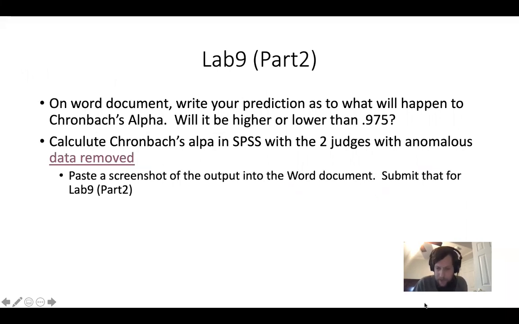I want a screenshot of the output similar to the one that I posted on the previous slide. I basically want to see the new alpha when you are running it with only the 20 judges instead of the 22, when you've removed those two anomalous judges. And I want to see the new Cronbach's alpha, basically the analogous information that I gave you on the previous slide. So any questions about what I'm asking for Lab 9, Part 2?